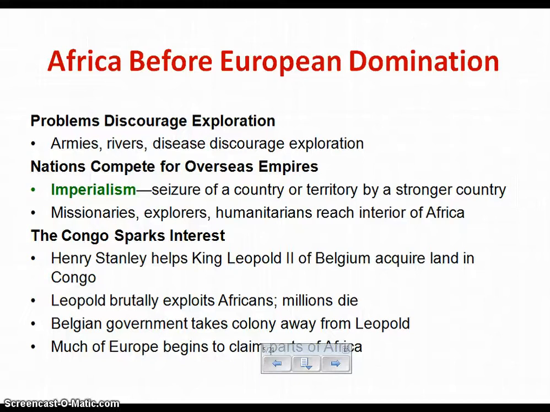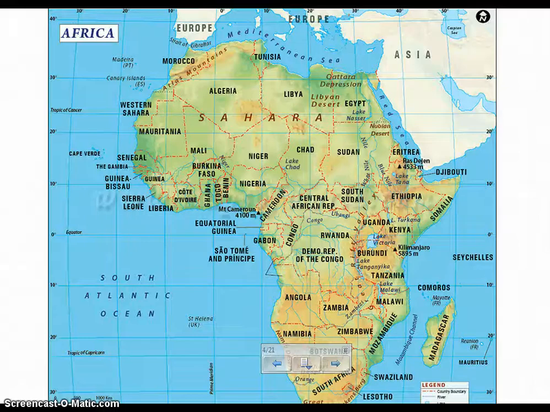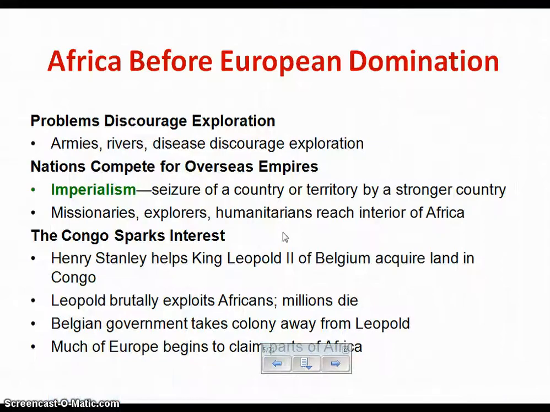When Henry Stanley finds Dave Livingstone, he is on the river called, and I'm going to make this a horrible pronunciation, Tanganyika in Congo, right here. And when Henry Stanley finds him, first of all, he's alive, and second of all, he is actually living there.